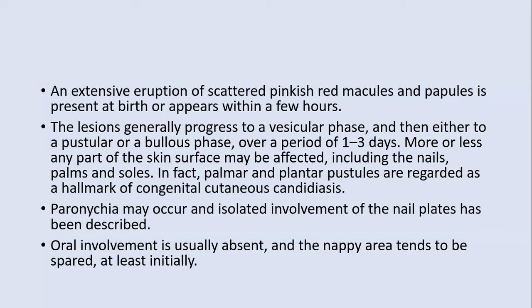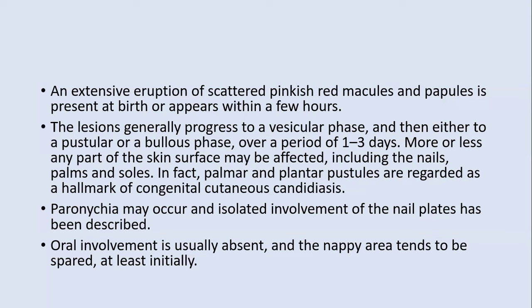In fact, palmar and plantar pustules are regarded as the hallmark of congenital cutaneous candidiasis. So remember this. Paronychia may occur and isolated nail involvement is also seen. Oral involvement, which is seen in neonatal candidiasis, is absent in congenital candidiasis. The nappy area also appears to be spared.